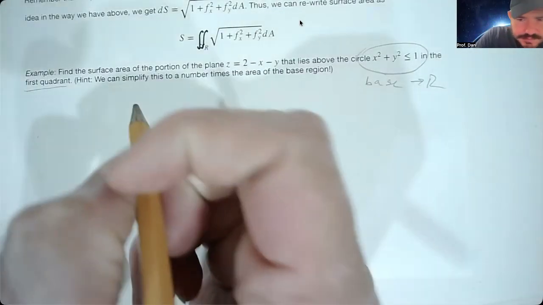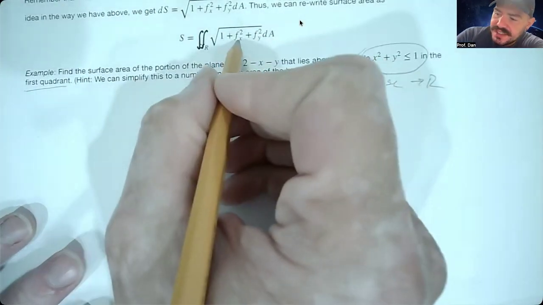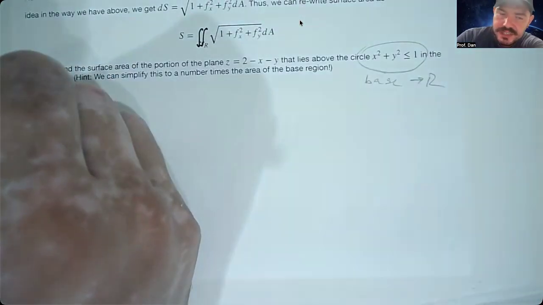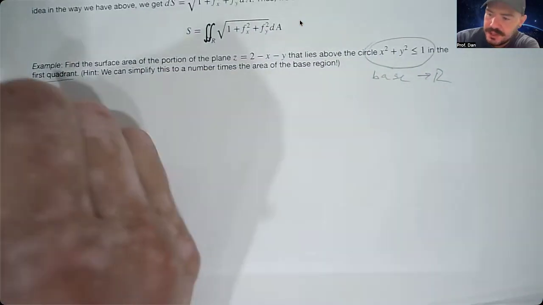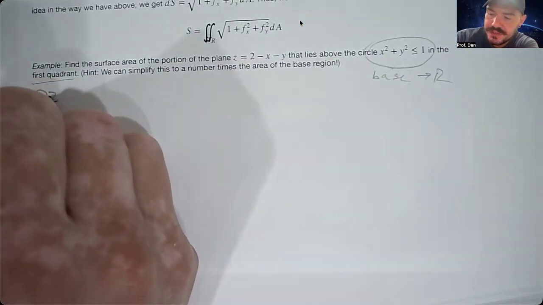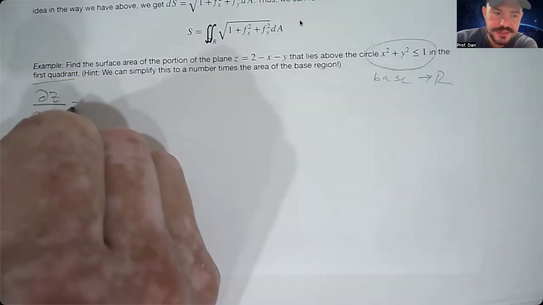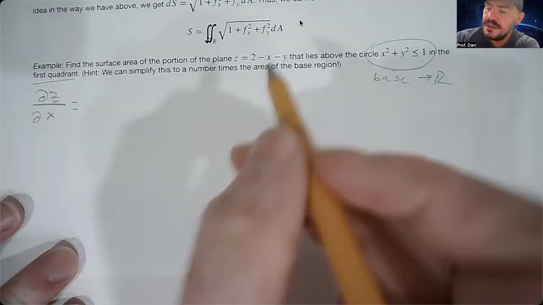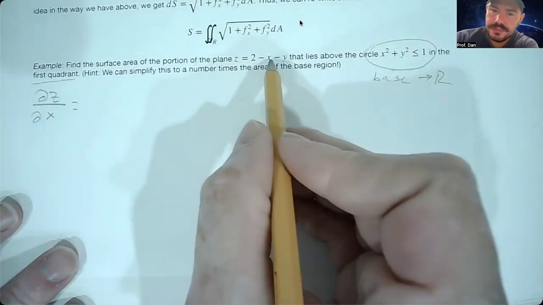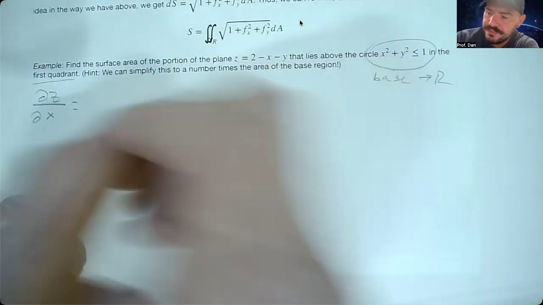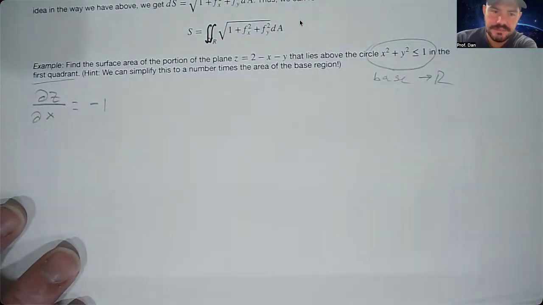Now that said, to get the setup for my integrand, I'm going to need some partial derivatives. So I'm going to take the partial derivative of z with respect to x, right? 0, -1, 0. Okay.